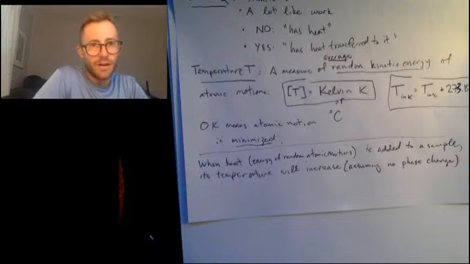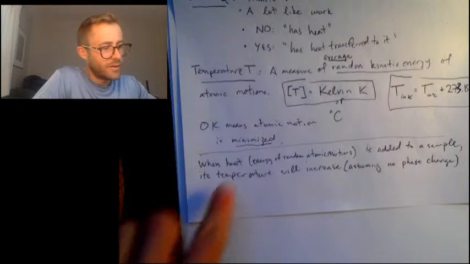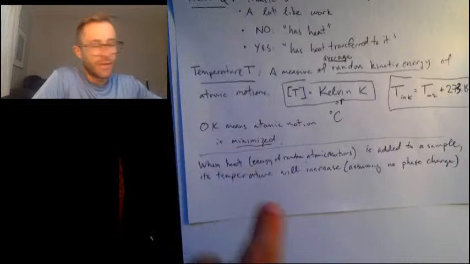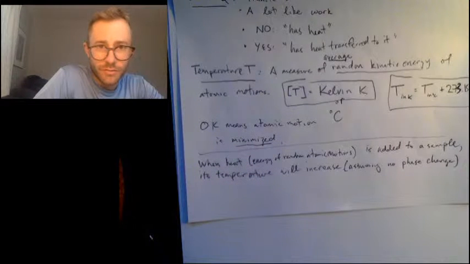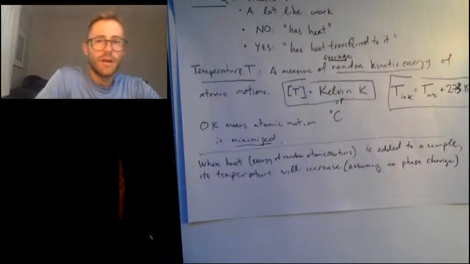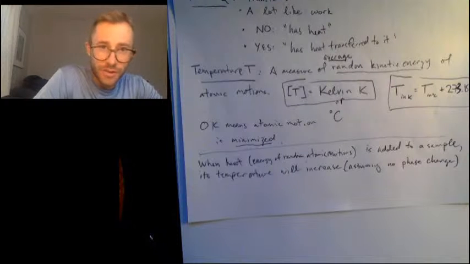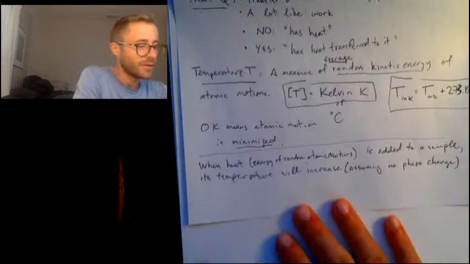So if you don't have a phase change happening, then you add heat, the temperature will increase. And so there's an equation that describes how much the temperature will increase, and it's the following.